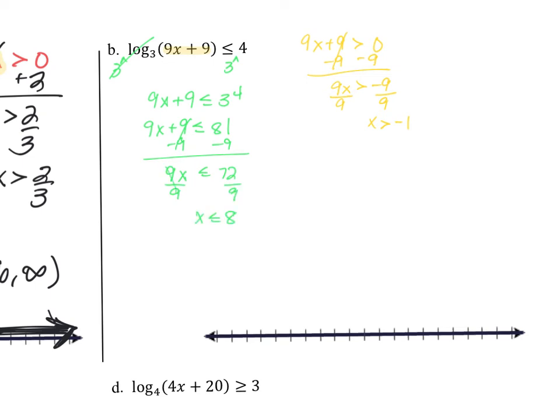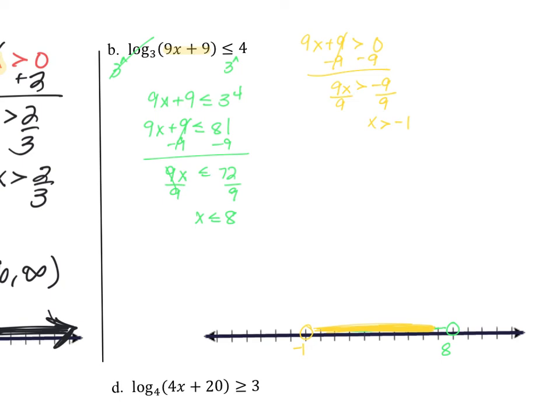Okay, so now when I draw this on my board here, I have 8 and I have negative 1. Both are going to be open. Okay, so x is less than 8. So we're going to go this way. But now the yellow says that x is greater than negative 1. So I have this section right here.